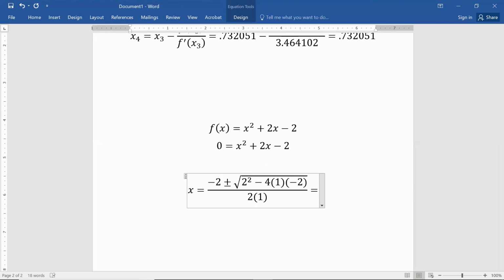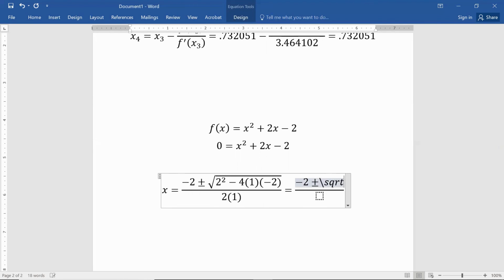And what happens is that you end up with a fraction of -2 plus or minus the square root of 12 divided by 2.